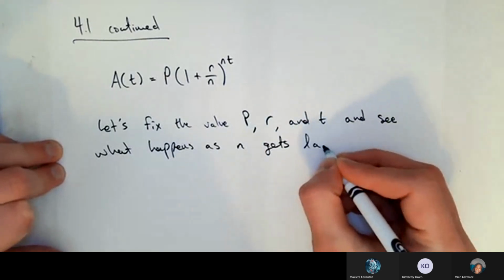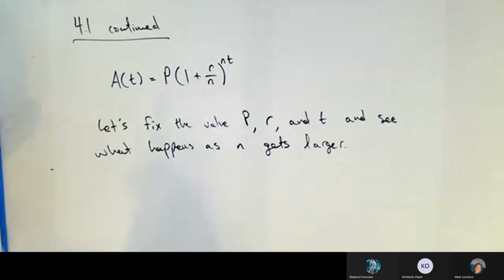So we will play with the value of n, where remember n is the number of times the interest compounds. And you hopefully are thinking that more compoundings should mean more money.